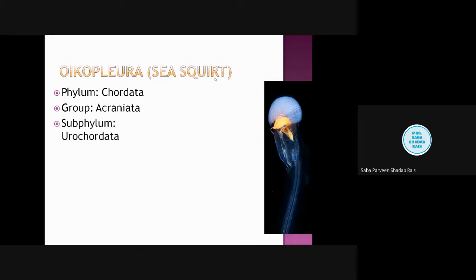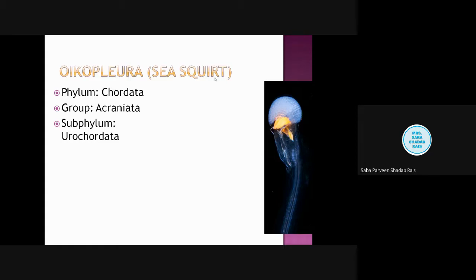Then the subphylum is Urochordata. For Urochordata, I told you that you have to write the reason: body is covered by the thick test, notochord only in the larval tail, marine animal. If you are not able to recall all this, at least remember that Uro means tail. So you write that notochord is present, because in chordata the notochord must be there, right? So notochord is present only in the tail region.